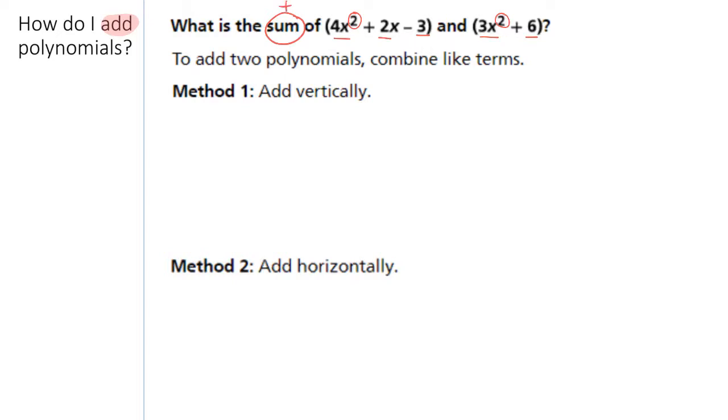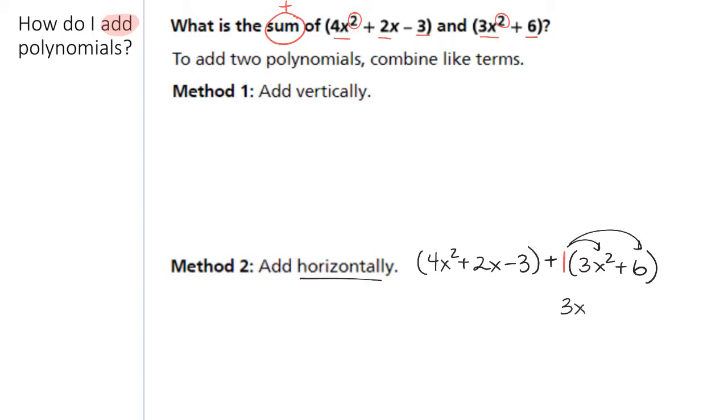Sum means addition. I think horizontally is the more traditional way of adding, so I'm going to start with that. I'm going to set it up first by saying 4x squared plus 2x minus 3 plus 3x squared plus 6. I like to do it this way because I imagine there being a 1 in front of this parenthesis. What that means is if I were to distribute this, 1 times 3x squared is just 3x squared, and 1 times 6 is just 6.